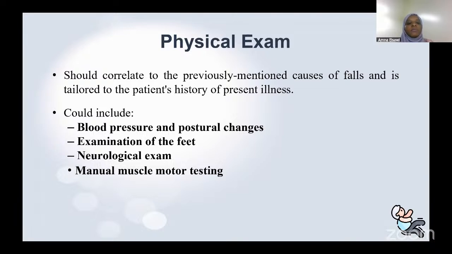Now, this could include blood pressure management and looking at the postural changes. Again, looking at the orthostasis, examination of the feet, see if there's any deformity, fracture, a neurological exam as well to see if the patient has any ataxia or has any vision loss or sensory problems. And also manual muscle motor testing to look at the strength.